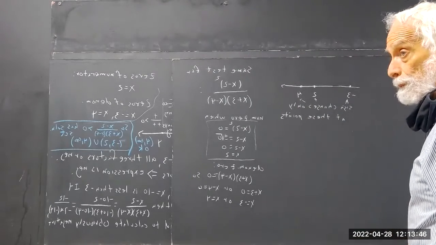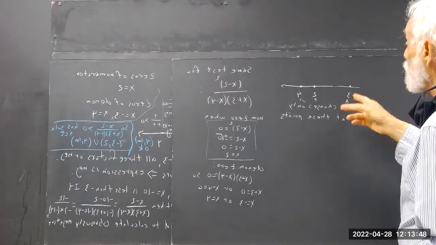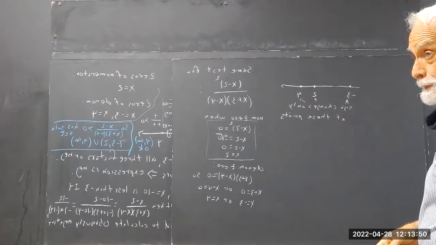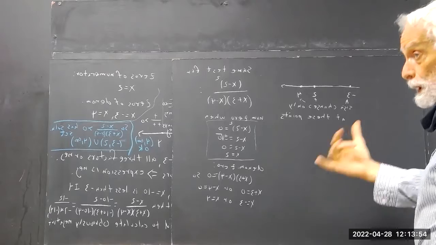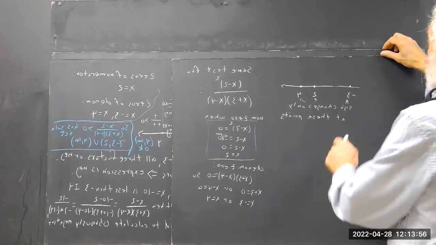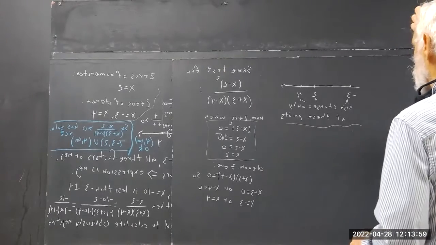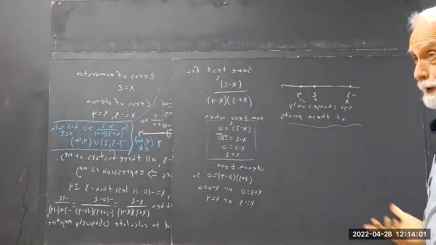Okay. It doesn't have to change at any of these points. But the only way it can change is at these points. It might or might not change. We'll see. Following the process, it'll tell us.